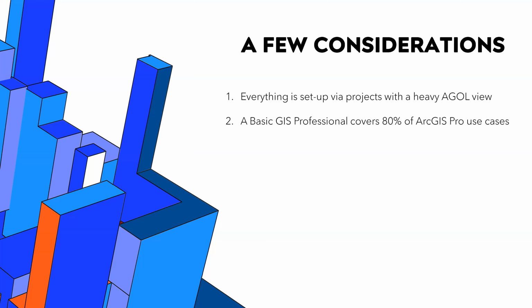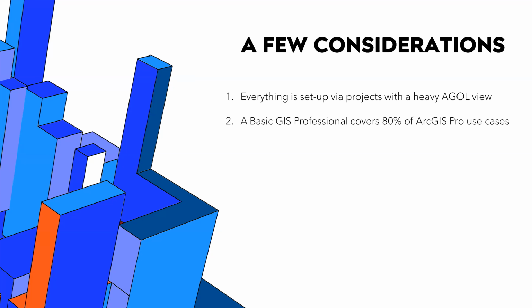Another consideration is that, contrary to popular belief, ArcGIS Pro offers 3 types of licensing. Same thing they had with ArcMap: basic, standard, and advanced licensing. A basic ArcGIS Pro license covers about 80% of the ArcGIS Pro use cases. Yes, there are very niche workflows where you might want to create and maintain your own relationships.